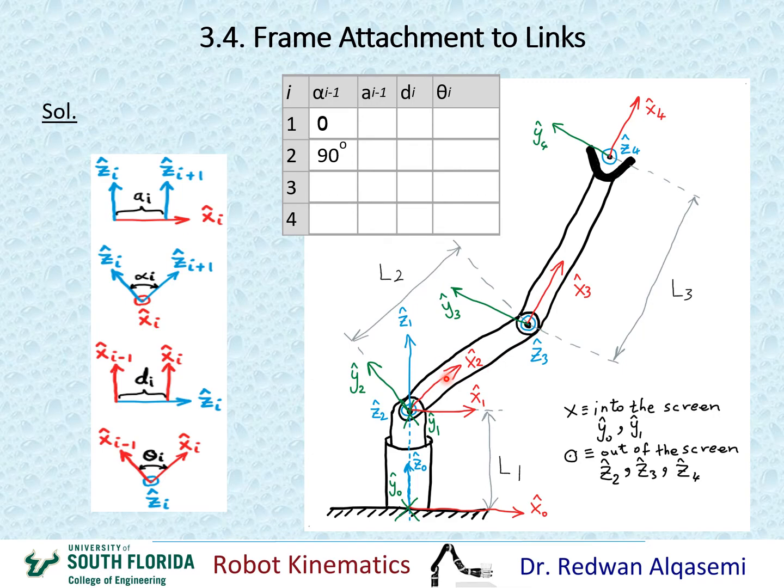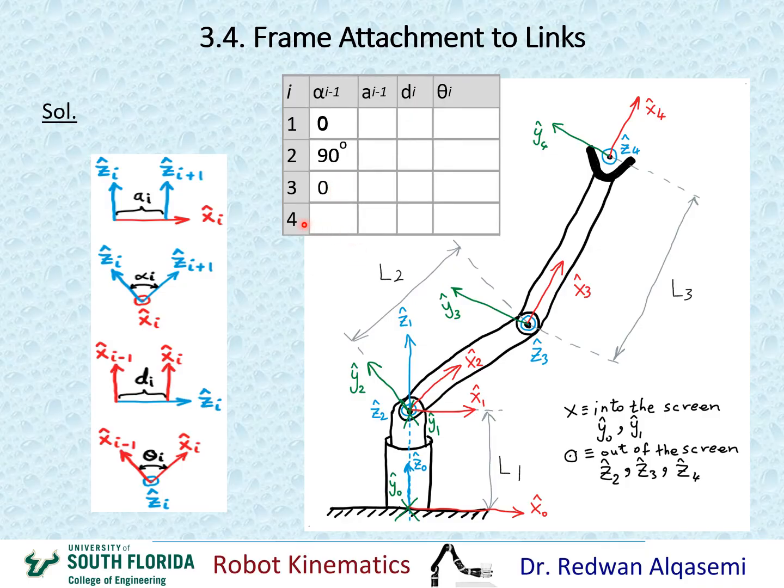So if I put my thumb towards x2 and my forefingers towards z2 and go with my forefingers from z2 to z3, obviously they are the same direction, both of them are coming out of the screen, which means that the angle between them about x2 is 0. So alpha 2 here would be 0.